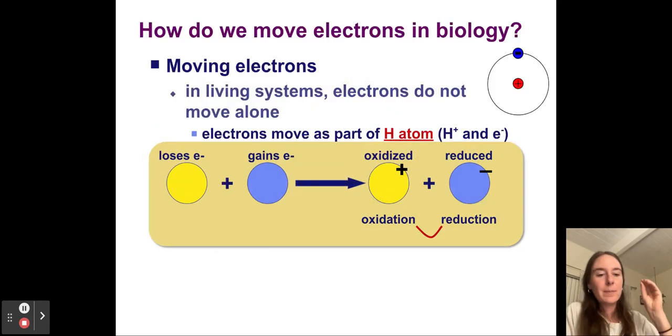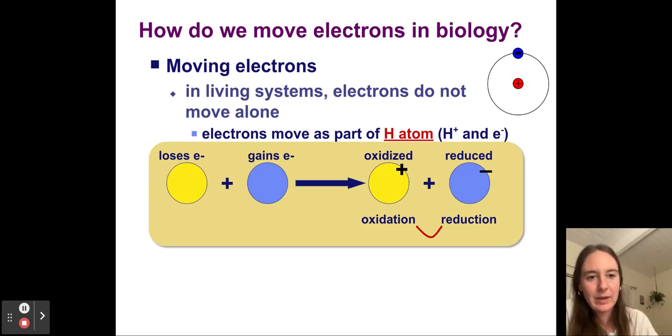Okay, so in biology, though, there's a little bit of a twist, okay? Because when we're talking about moving electrons, we're actually talking about something else in biology. Let's take a look at what I mean. In living systems, electrons don't move by themselves. Now, this is very chemistry heavy right now, but what do we know about electrons?